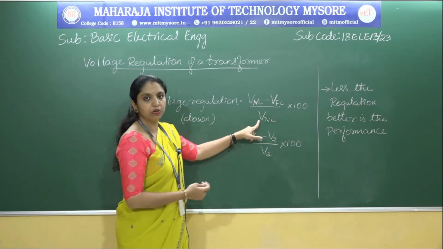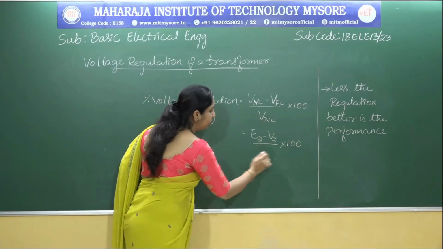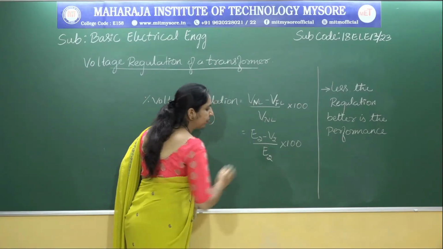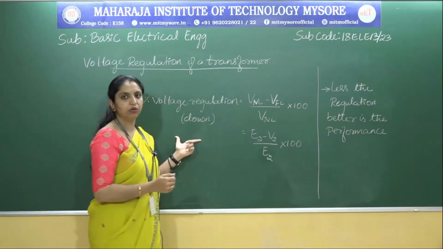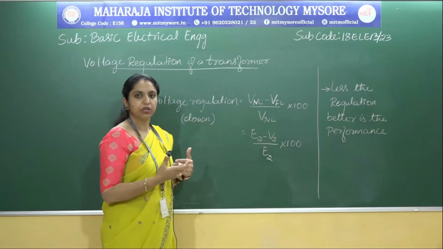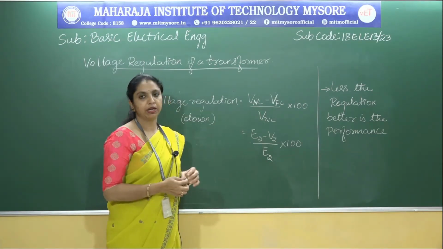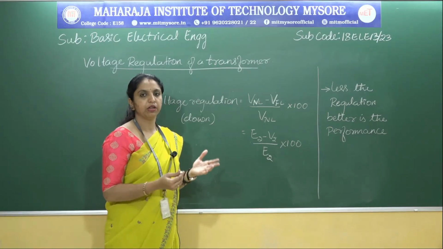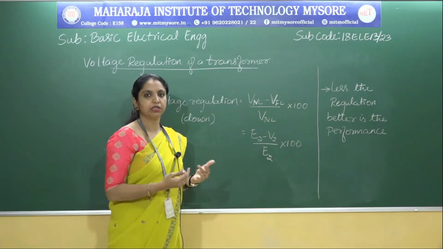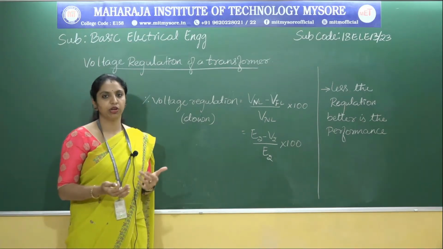In the denominator you will find V no load, which becomes E2. This is for the down voltage regulation. The importance of voltage regulation is: the less the regulation, the better the performance. This definition can also be called per unit regulation.